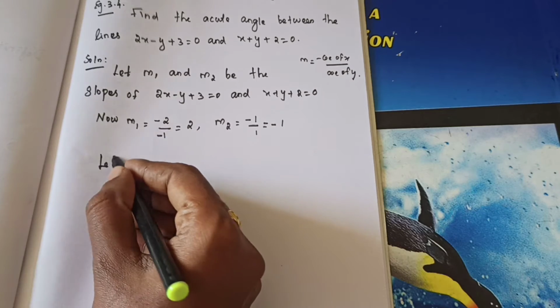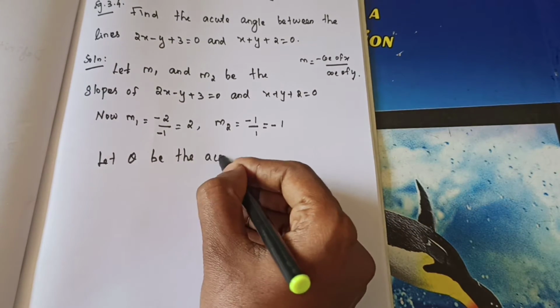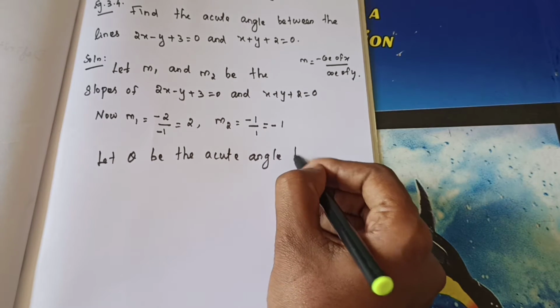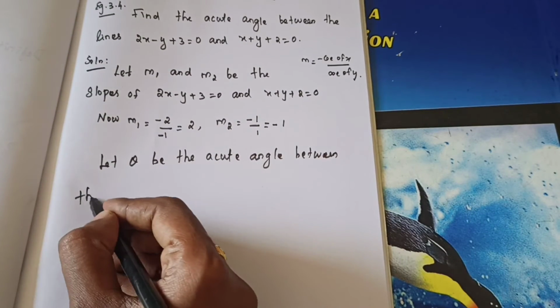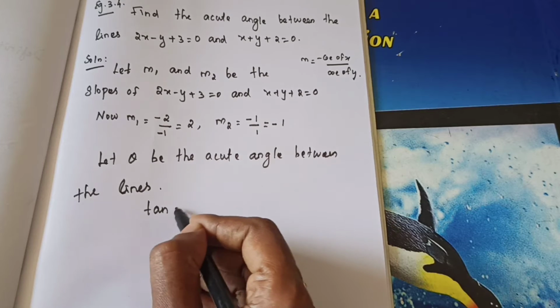Okay, let theta be the acute angle between the lines. What's the formula? I taught you in the last class.